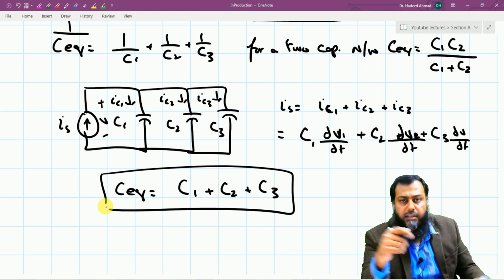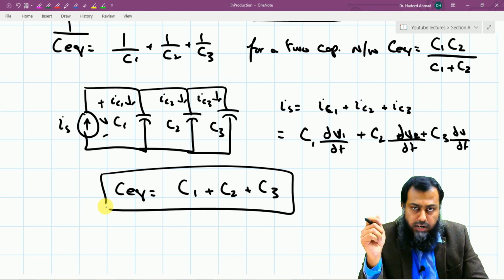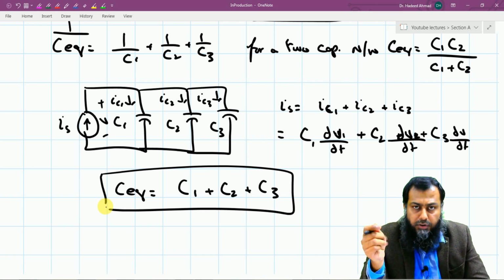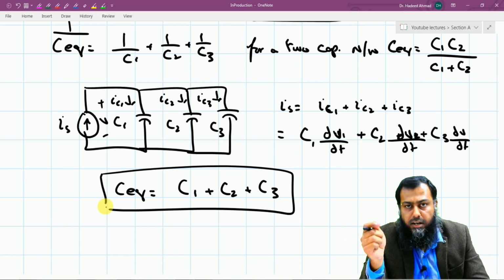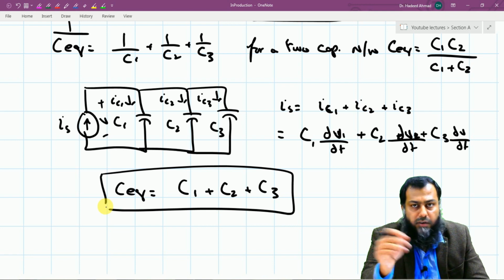Unlike the inductances, the capacitors are commercially off the shelf available devices, and for various different values, the capacitances are available in the market that can be furnished when as and when required in a given circuit.